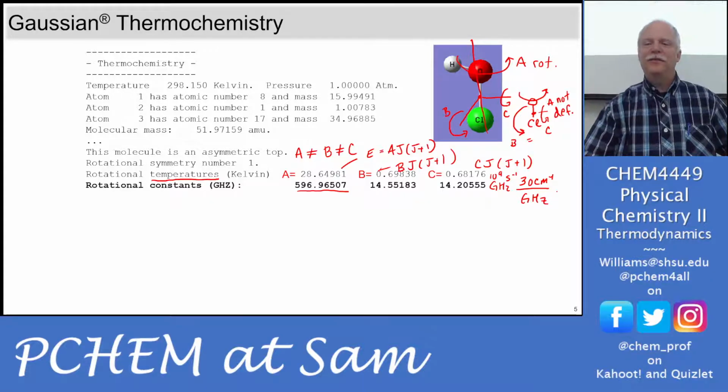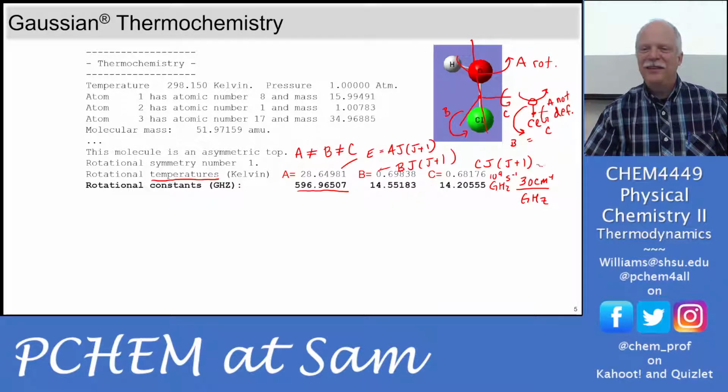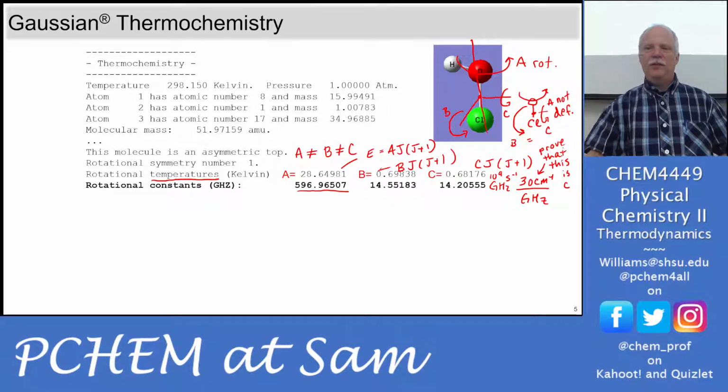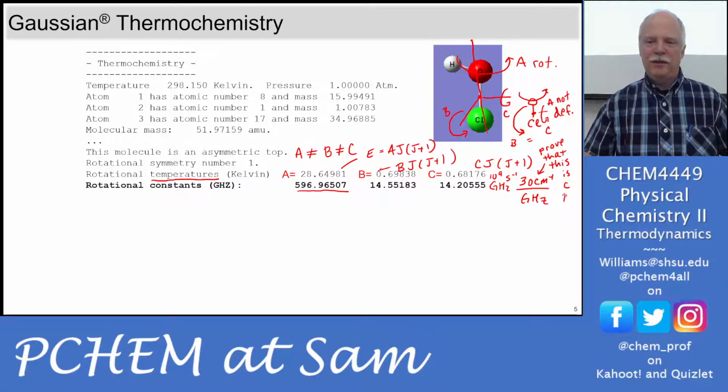Now, just for grins, you do this on your own time: prove that this is c, the speed of light.